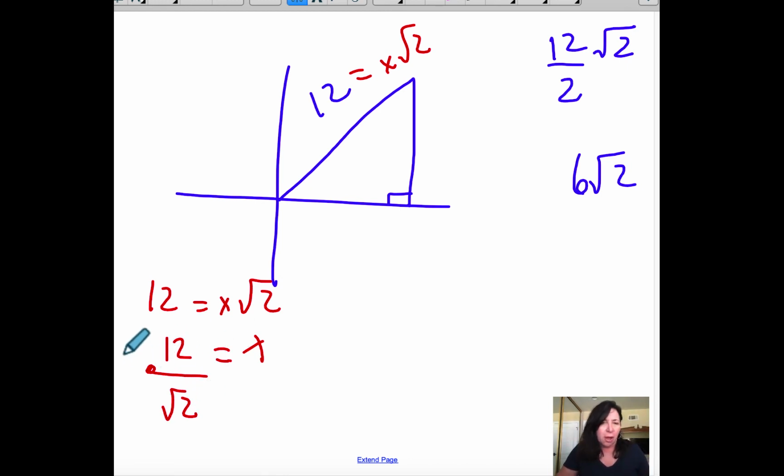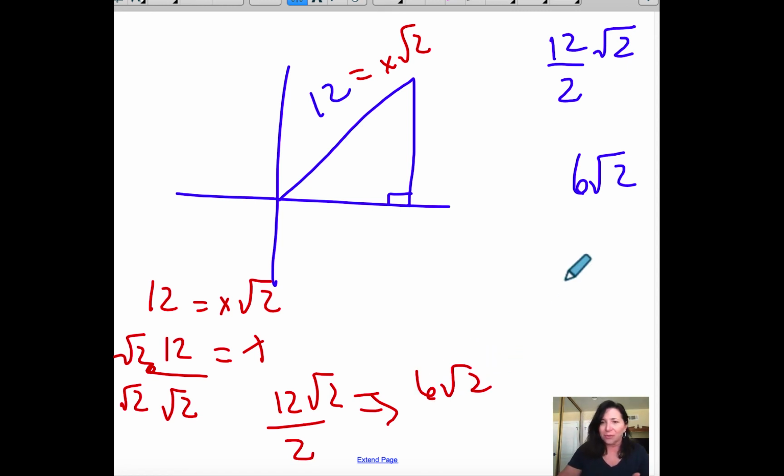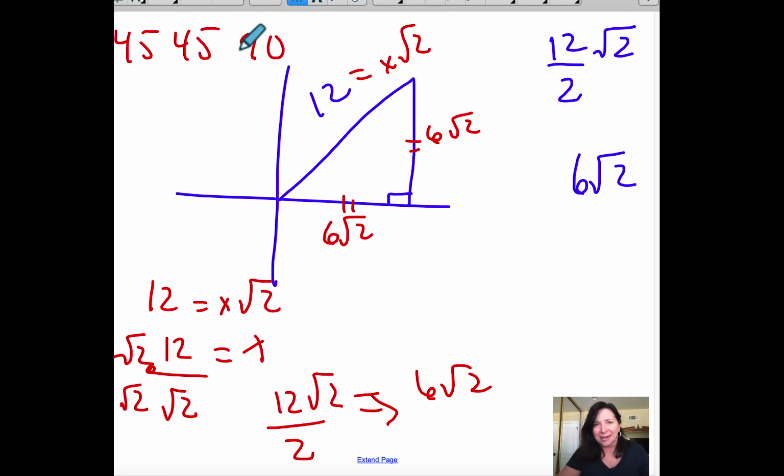I could multiply by root 2 over root 2, and I get 12 root 2 over 2, which becomes 6 root 2. Same thing. But however way you do that, what this is called is a 45, 45, 90 special right triangle.